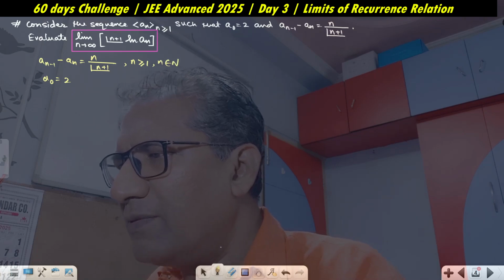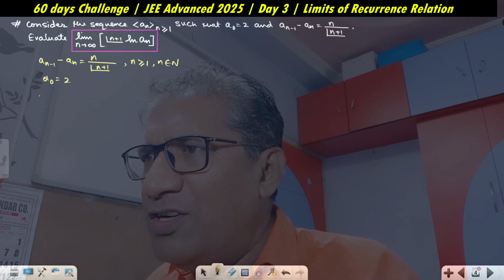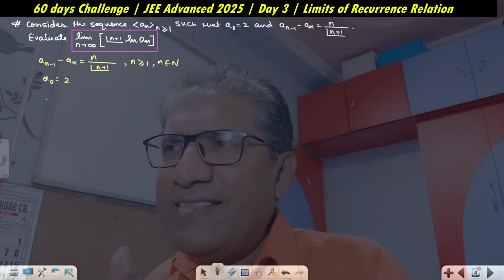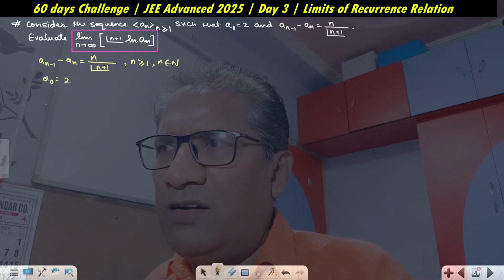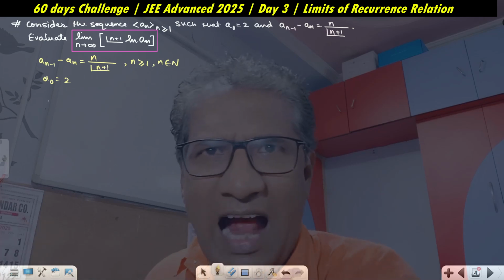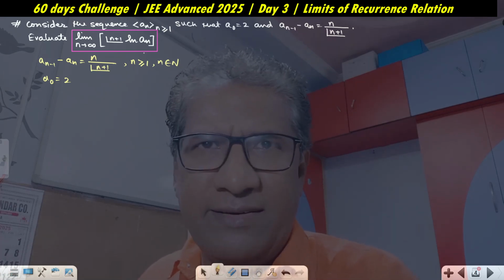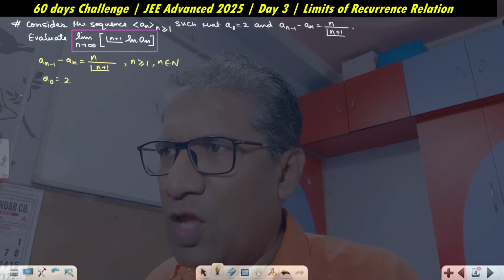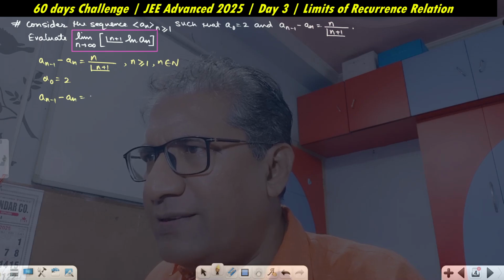Now, in this case, I can easily see that this sequence can be solved by the telescopic method. We can understand this very clearly, because we only need an, that's it. So for that, I'm doing a little manipulation in the numerator.